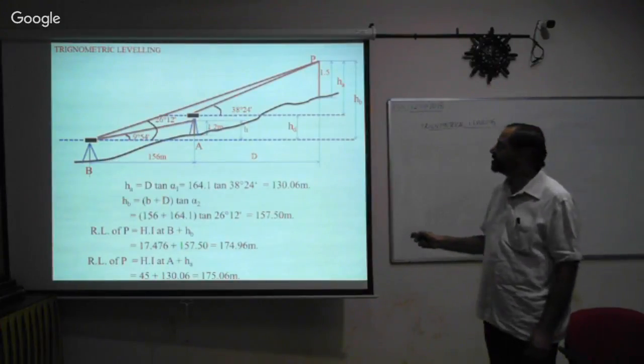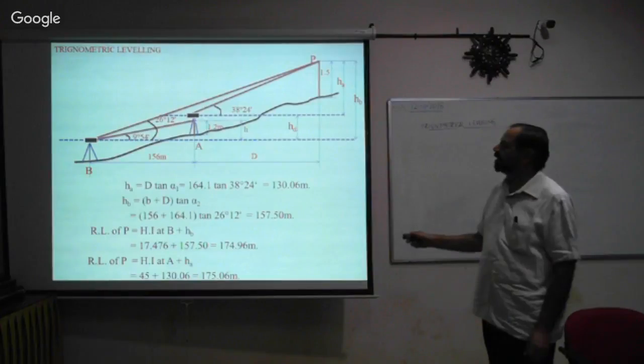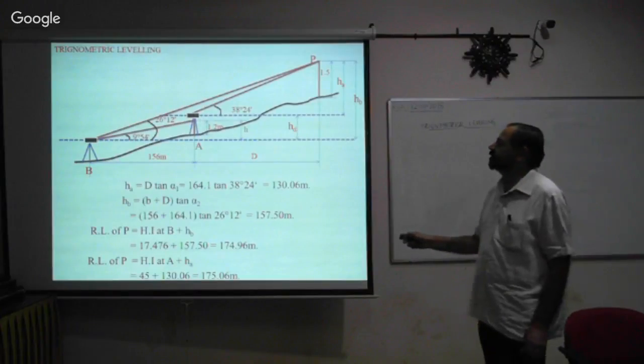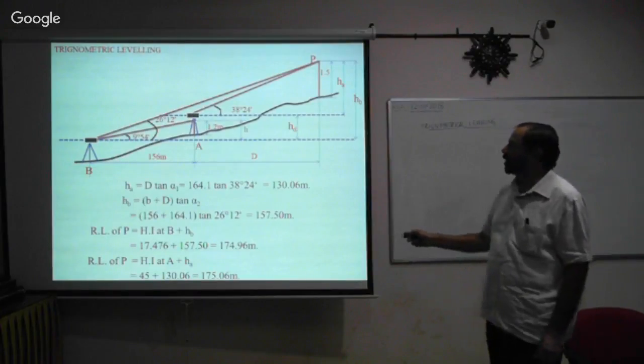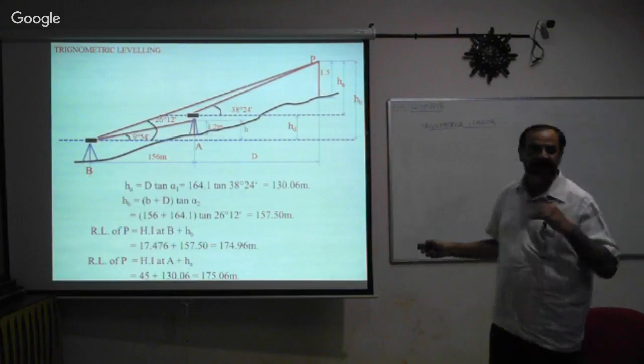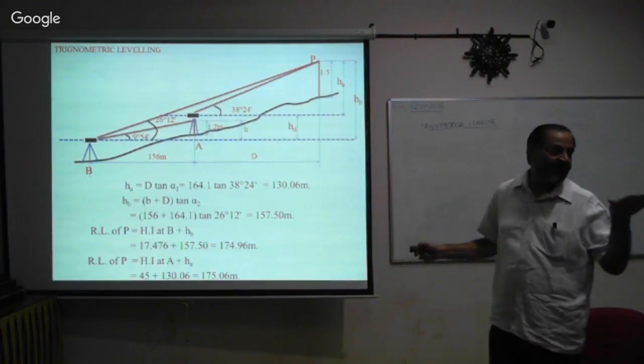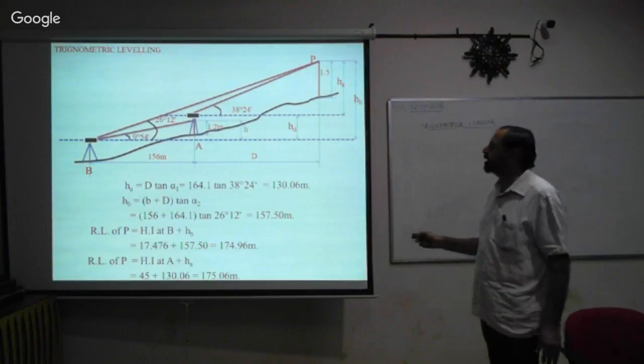Now first calculate H, then from the RL given here, deduct this. You just sum up, adding and deducting, and find out the levels. There is not much confusion here; everything is clearly given.